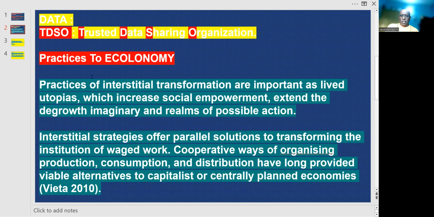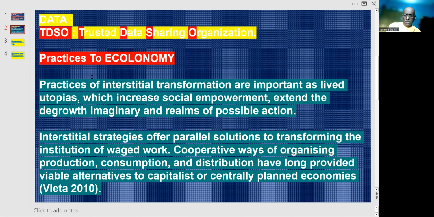That is what we call economy in real terms. We already know eco is a common term for economy as well as ecological. Nomi, this economy is the practice of interstitial transformation. That is very important for our living, wherever social empowerment is extending its growth or degrowth, whatever imaginary value you possess in the possible action.